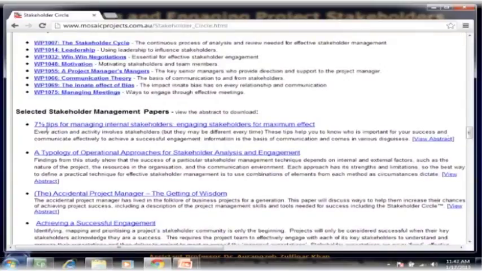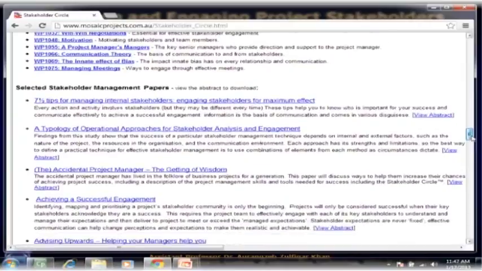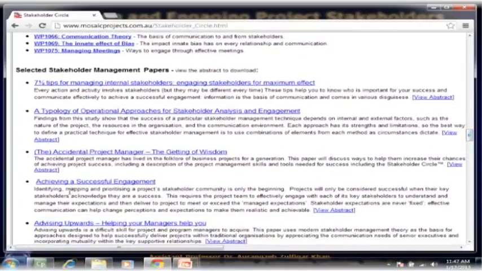Here. 7.5 tips for managing internal stakeholders, engaging stakeholders for maximum effect, a typology of operational approaches for stakeholder analysis and engagement, the accidental project manager, achieving a successful engagement, identifying, mapping, prioritizing a project stakeholder community is only the beginning.